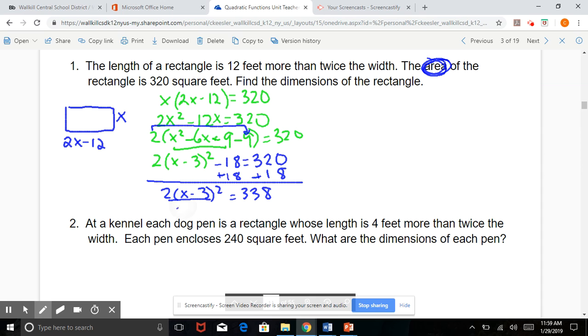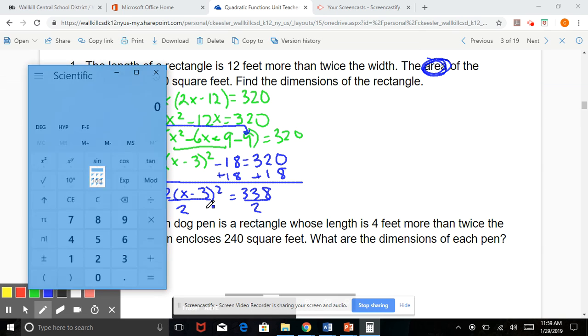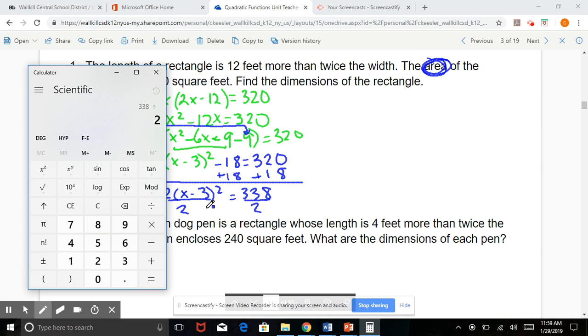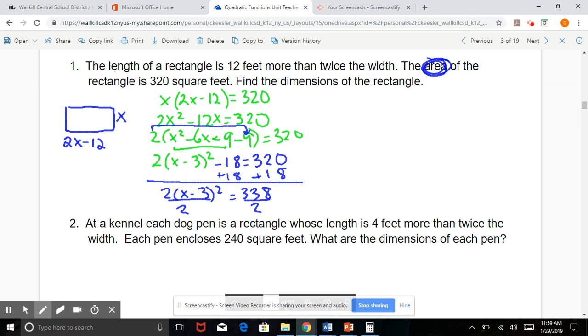Then we're going to divide by 2. So x minus 3 all squared equals 169.